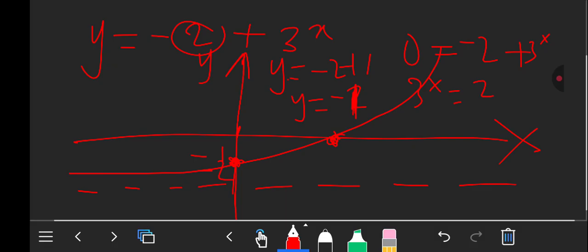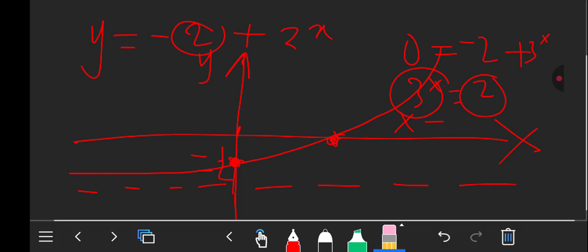To find x, of course, you enter now logs. So you're going to have 3 to the power x is equal to 2. So x log 3 is equal to log 2.